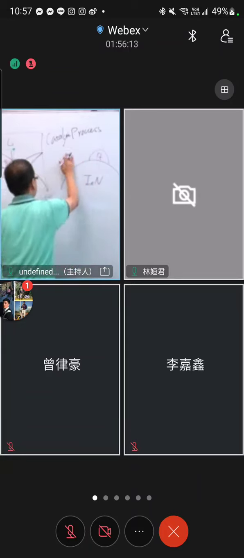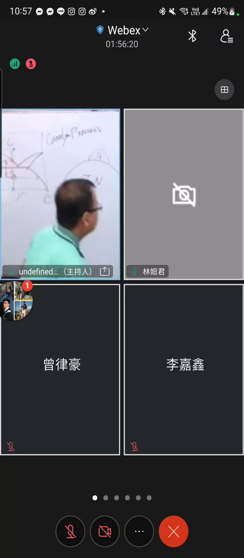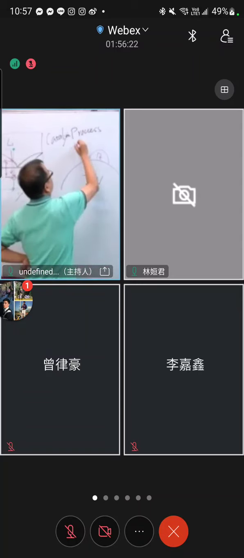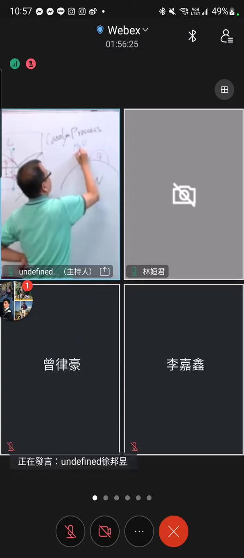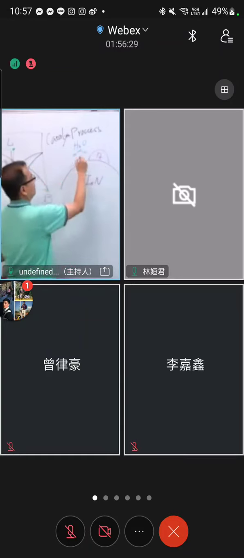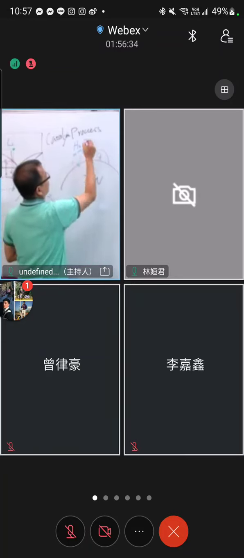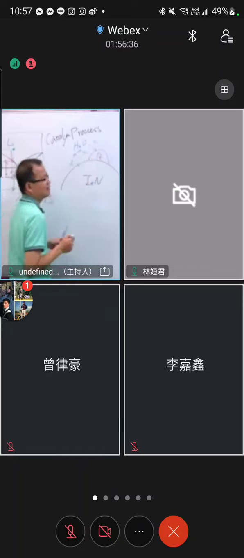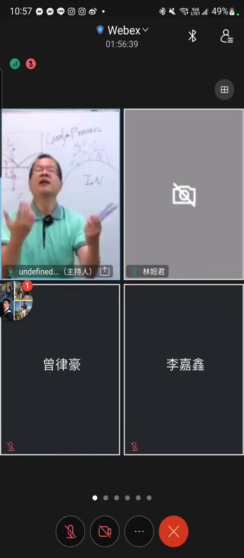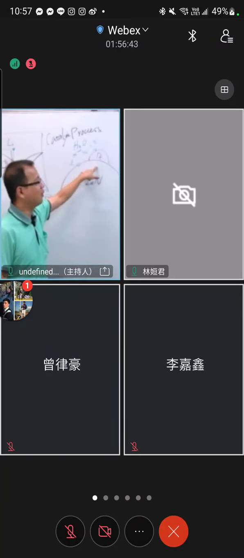If your water molecule, like blue, if your H2O can reach both interfaces, so you provide process 1 and process 2 at the same time, we call that a parallel process, because theoretically your water can reach both interfaces at the same time.